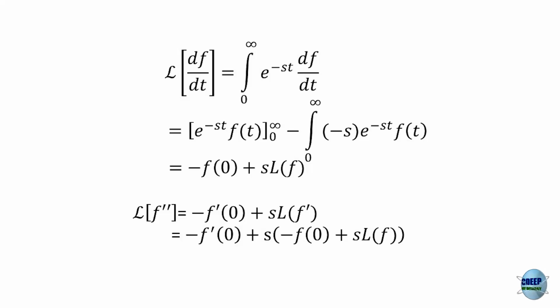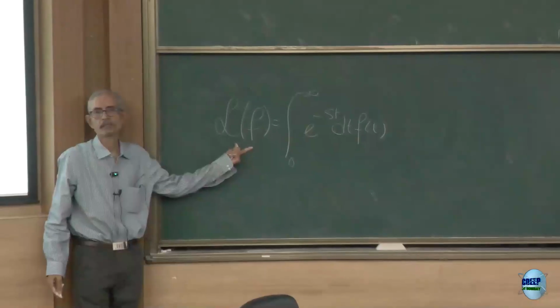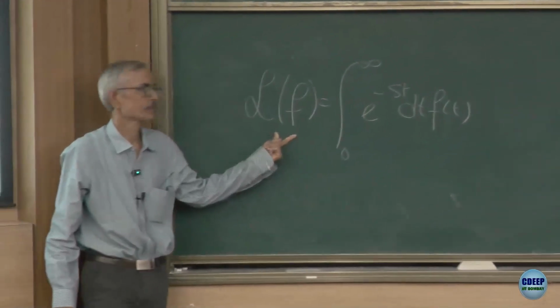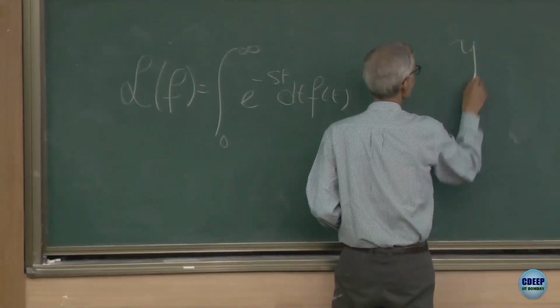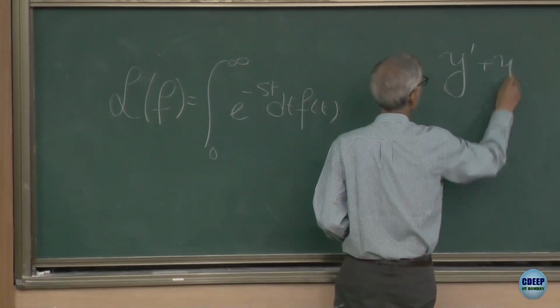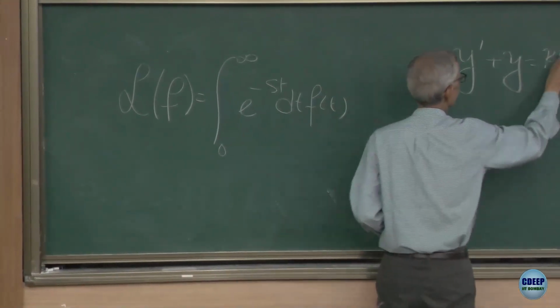Okay, so we have a Laplace transform. Definition of the Laplace transform we said was 0 to infinity e to the minus st dt. That's the definition of my Laplace transform. Okay. All right. Now I have got an equation that perhaps looks like this.